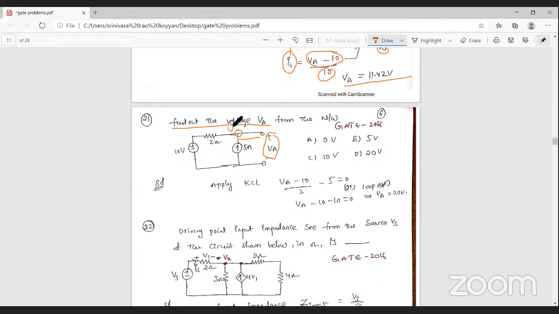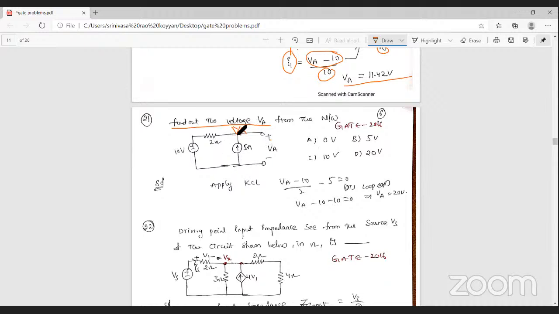What is the voltage here? VA voltage. Look, the current source and VA voltage are both in parallel. So how much voltage is there across the current source? That is VA volts.